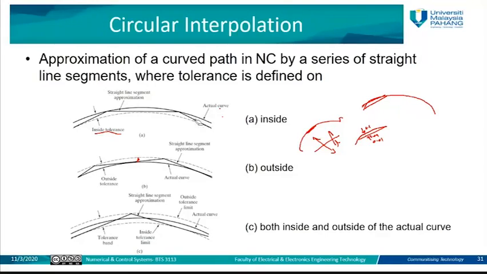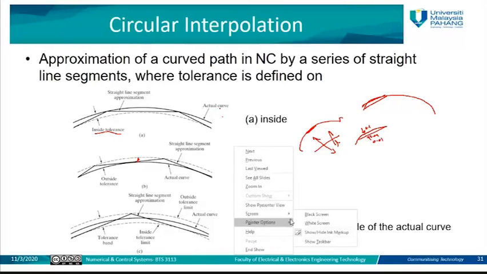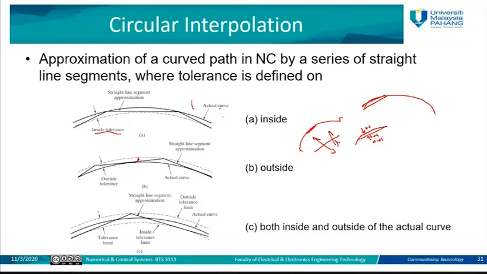So this tolerance can be from inside, when the interpolator represents the curve using lines from inside. That means it will use coordinates which are less than this point. If we represent this using the x-axis, for example, or y-axis or z-axis, you can see this point is higher than that point.